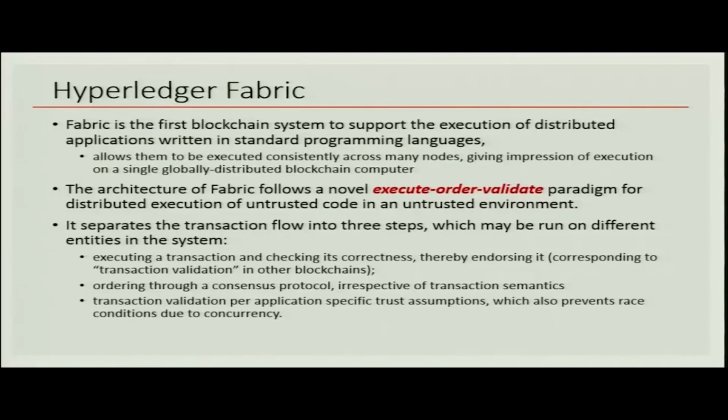Then every node that is maintaining the blockchain will add the block to the end of the current blockchain and update the state for the valid transactions. Valid transactions may write a certain piece of data, and that will be written in the state database. That is how execution, ordering, and validation happen.